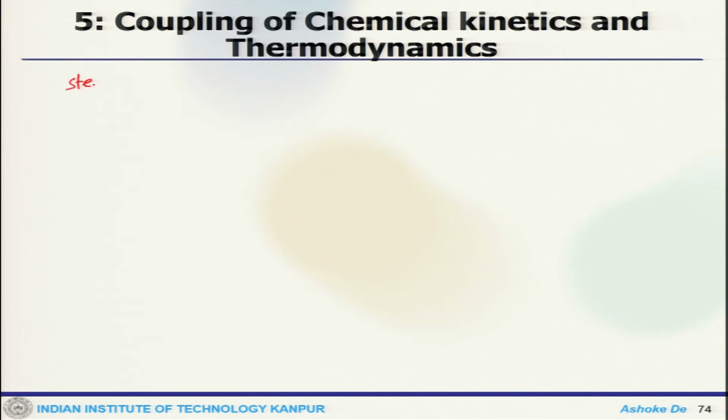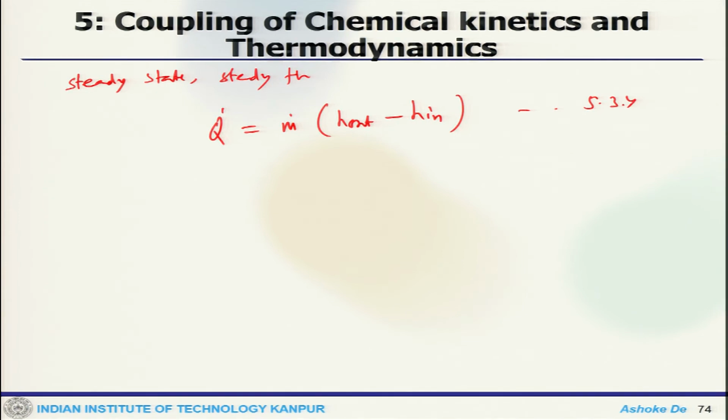Now, what we can write is steady state, steady flow energy conservation for the well stirred reactor, where we get Q dot equals m dot (h out minus h in), which neglects any changes in kinetic and potential energy.